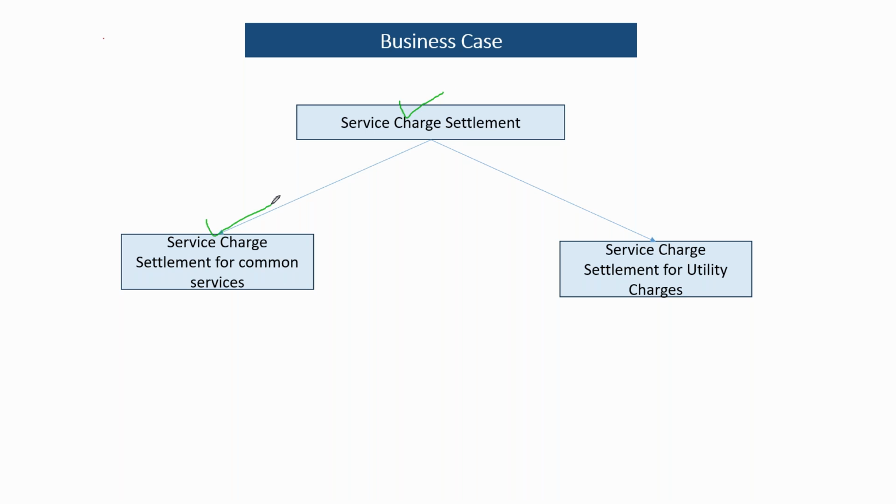Service charge settlement for the common services covers things like waste disposal, cleaning, or gym membership. And for service charge settlement of utilities used by the tenant, the charge will be based on the meter reading, on the consumption done by the tenant.